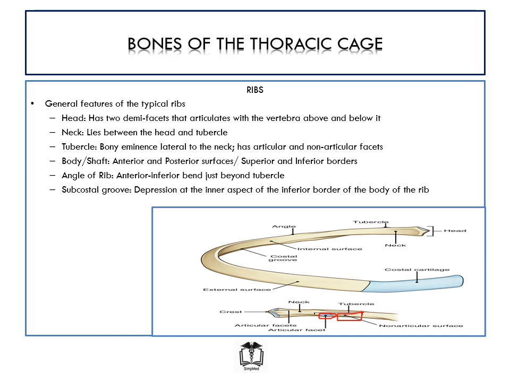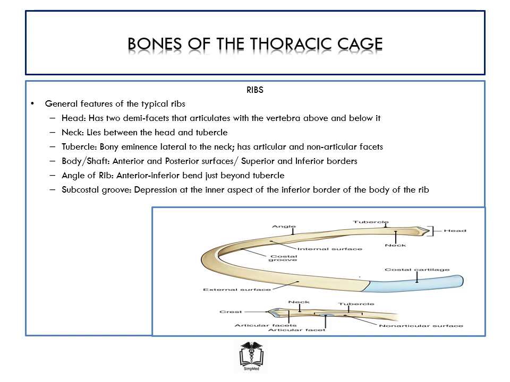The body and the shaft is the longest part of the rib. You can see the body extends from beneath the tubercle all the way to the costal cartilage. So you see how the body of the rib tends to be curved all the way to the costal cartilage, and the body of the shaft of the rib contains anterior and posterior surfaces and superior and inferior borders.